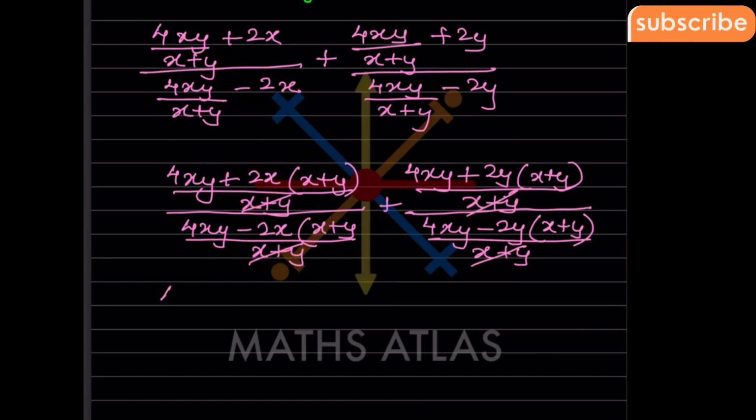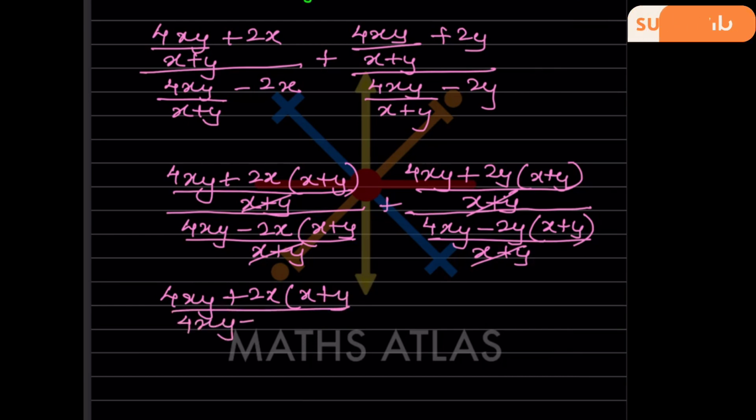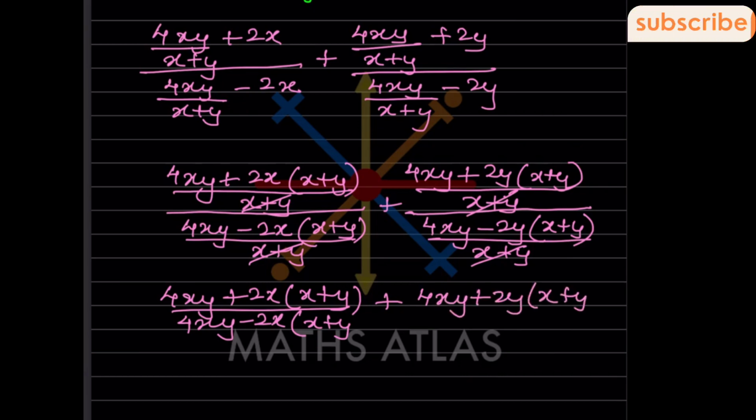So now we are going to write whatever is in the numerator. Let us write here 4xy plus 2x into x plus y divided by 4xy minus 2x into x plus y, and here will be 4xy plus 2y into x plus y.